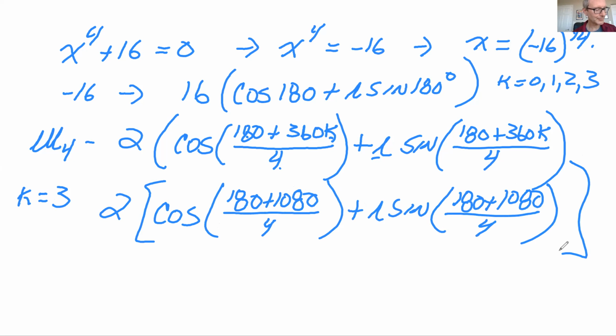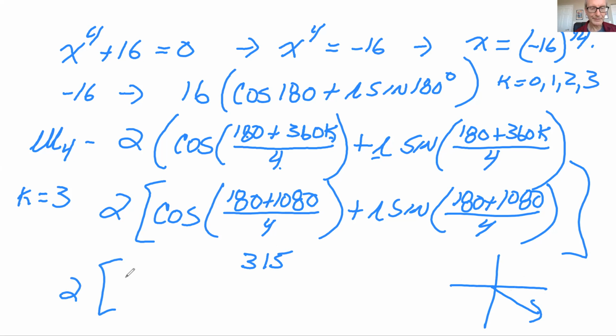And so when you do this one, 180 plus 270, it was 315, right? So now we're at quadrant 4. And you would see that it would be 2, and then in quadrant 4 cosine is positive, so it'd be square root of 2 over 2 plus i times minus square root of 2 over 2.